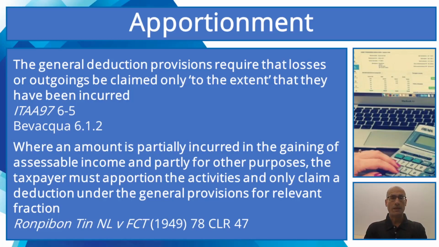What that really means is that if some amount was incurred either for the gaining of assessable income or necessarily incurred in the carrying on of a business for the ultimate purpose of gaining income, then the fraction which was put towards some other purpose can't be a deduction under the general provisions.